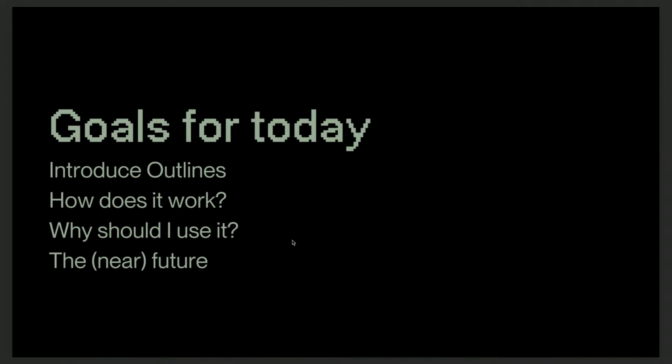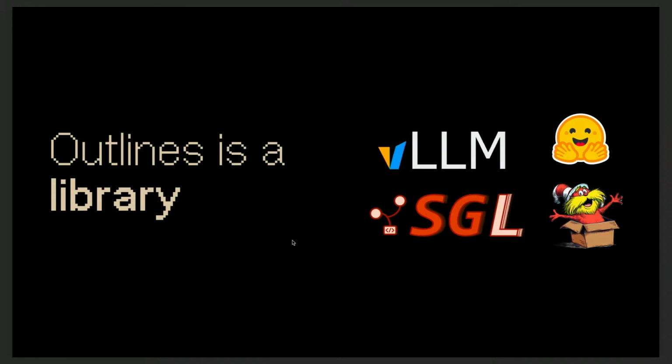The goals for today are first to introduce the open source library Outlines for those of you who don't know about it, then very briefly explain how it works. I won't get into the technical details, and then try to convince you that you should use it today for most of the workflows that you have to deal with, and a very short glimpse into the near future. So Outlines is a Python library, emphasis on library.